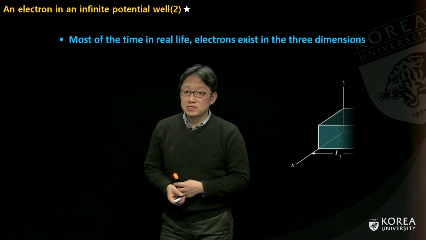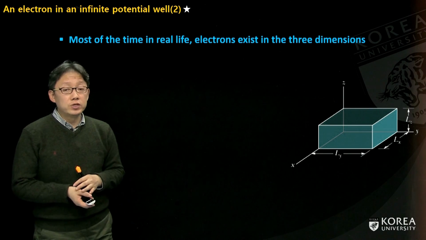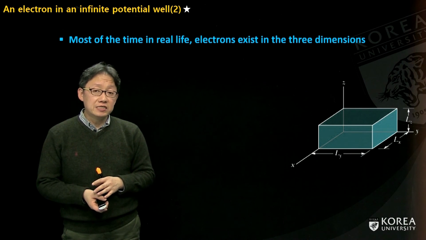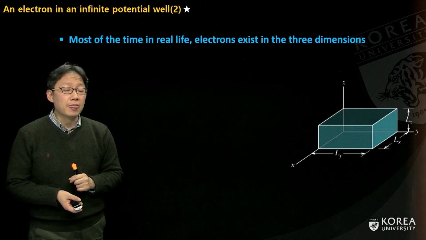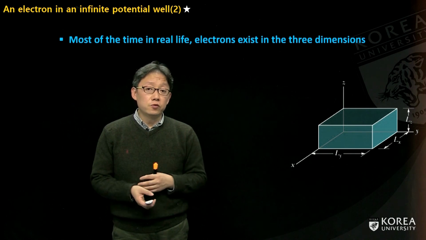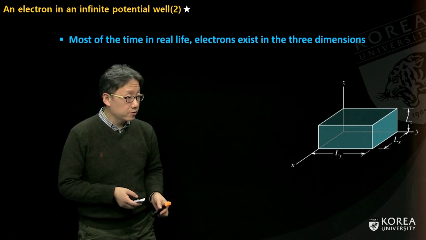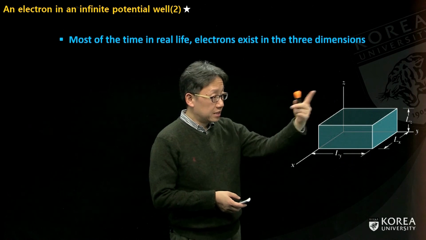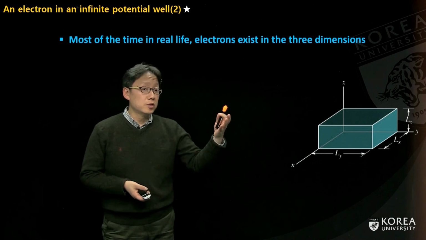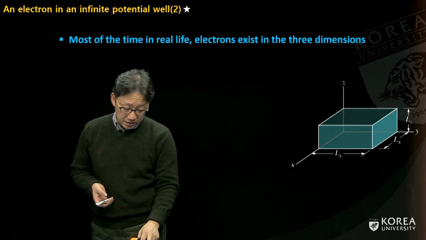Okay, what we have just seen is the case of the so-called one-dimensional potential because we consider the potential to exist only along the x direction. But in fact, we are living in three-dimensional space, so electrons also exist in three-dimensional space. So we have to consider a potential which looks like this, which is along both the x direction, y direction, and also along the z direction.